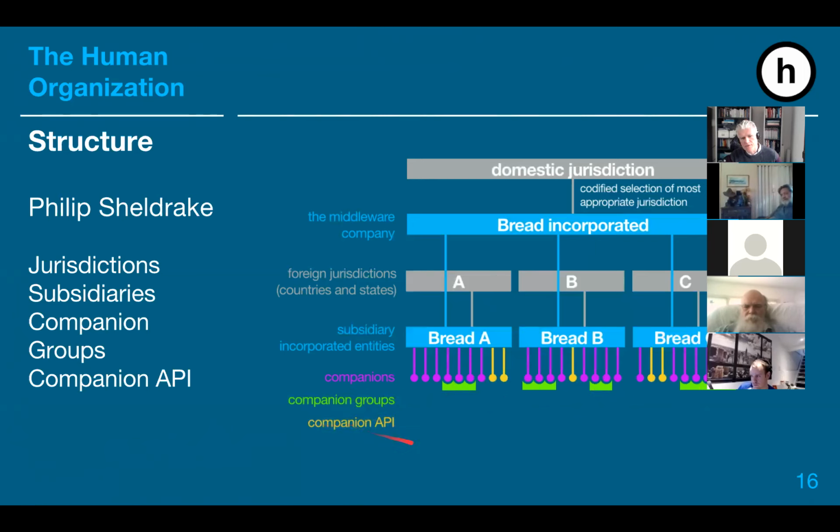So connecting stuff that's happening here, you share that in a circle over in another organization, bread B, if you decide to share that. So you start to establish some linkage between these organizations. That's the structural piece on the human organization that I thought aligns well with the social ledger.